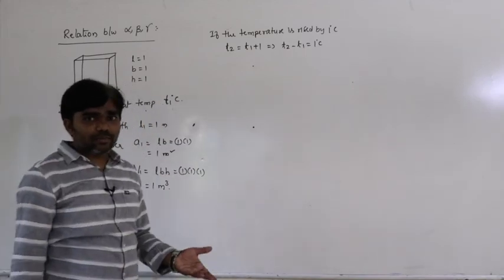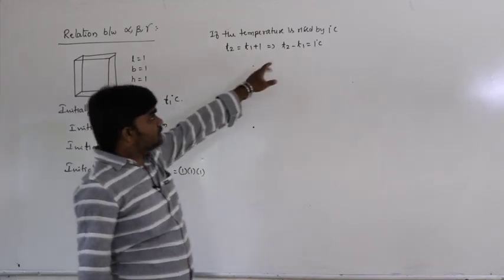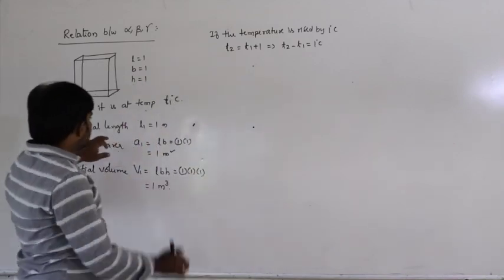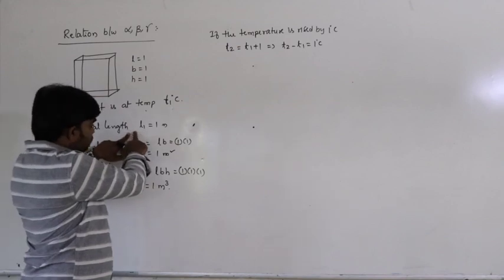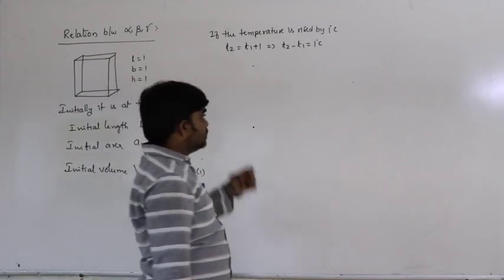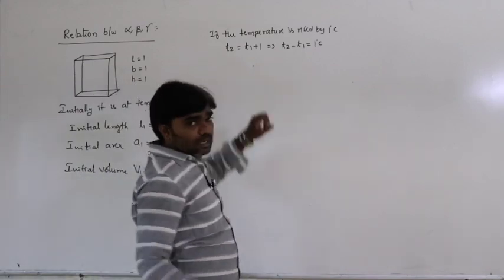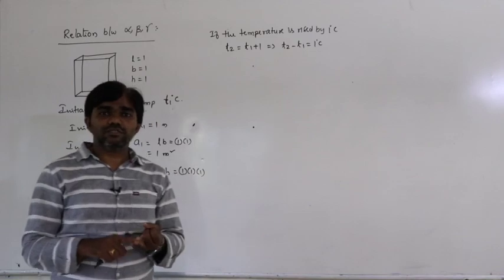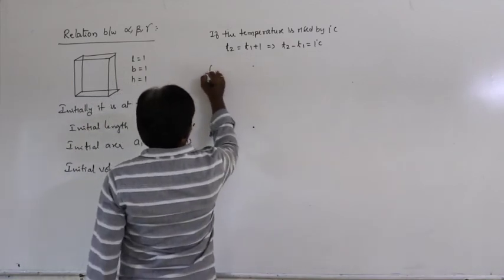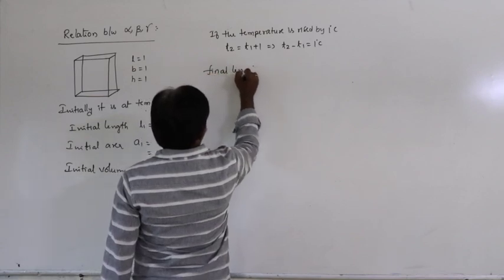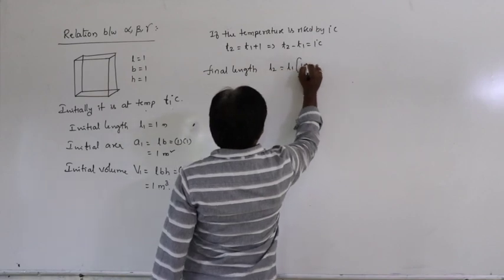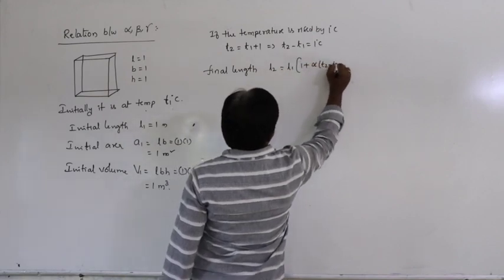Due to the increase in temperature, only 1 degree, definitely the length of an object changes, area changes, and volume also changes. Length increases, area increases, volume also increases. So first, final length. According to the quotient of linear expansion definition, we write the final length L2 is equal to L1 into 1 plus alpha into T2 minus T1.